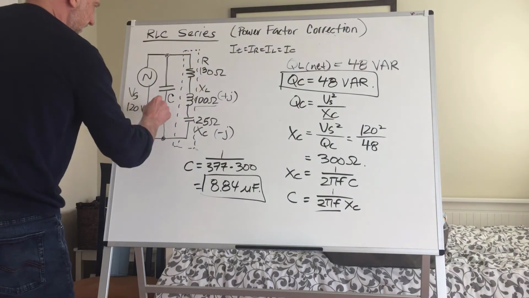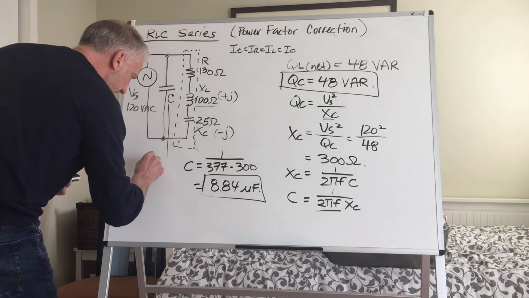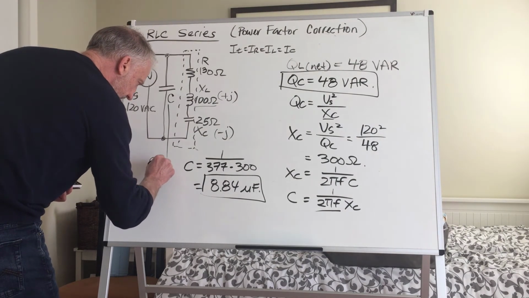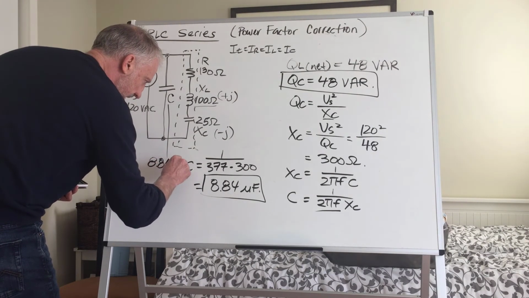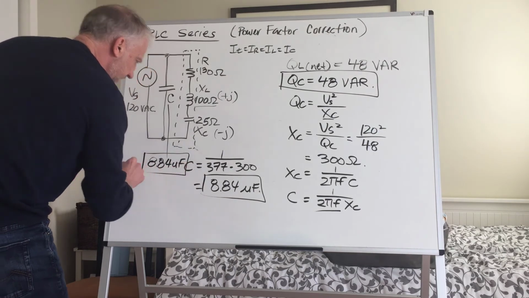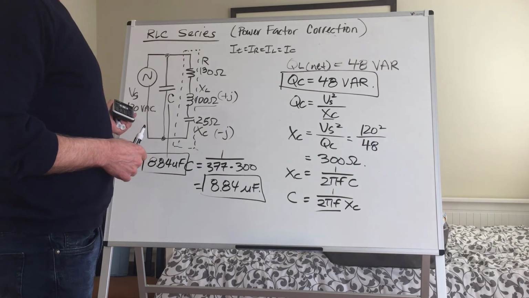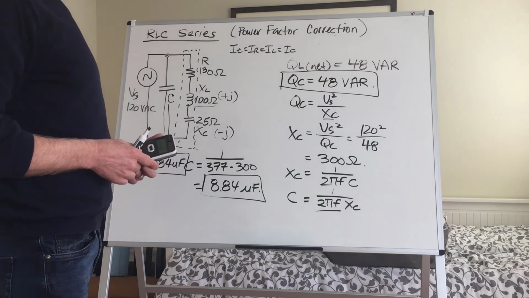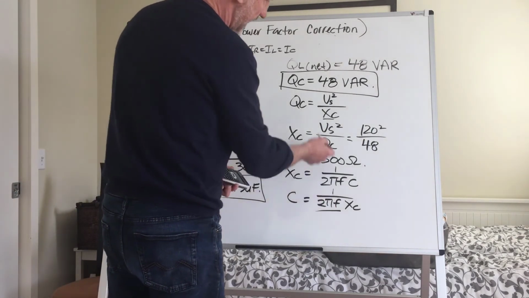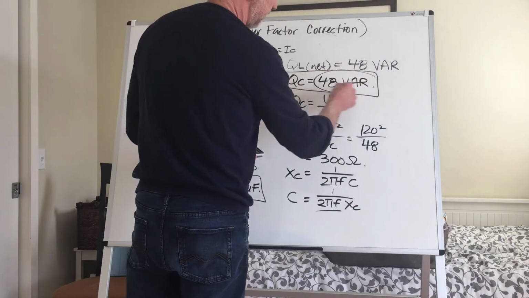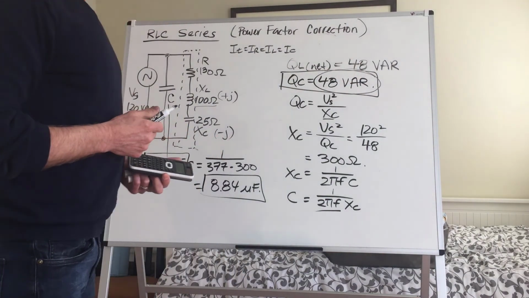So that means our value of correction here would be 8.84 microfarads, of which we know when connected across 120 volts AC, working backwards, that's going to give us our 48 VAR.